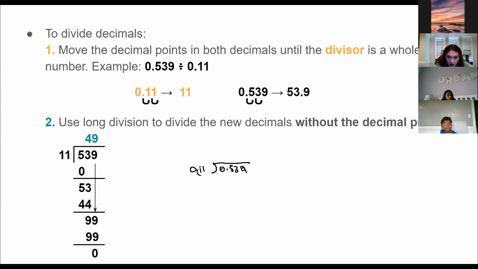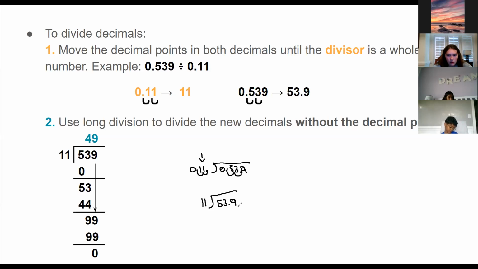So we move it twice, 1, 2. Now we only need to move the decimal points until the divisor, which is this little guy right here, is a whole number. So we only need to move it twice, 1, 2. So now it looks like this.